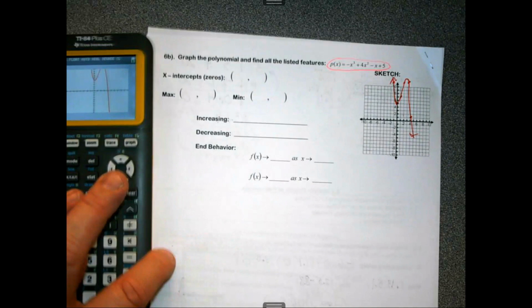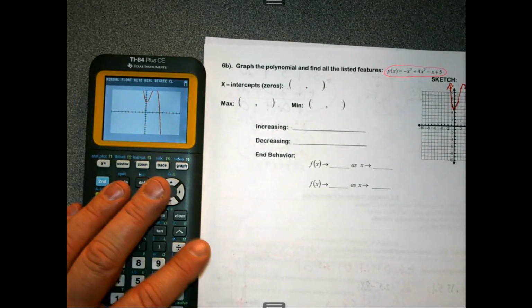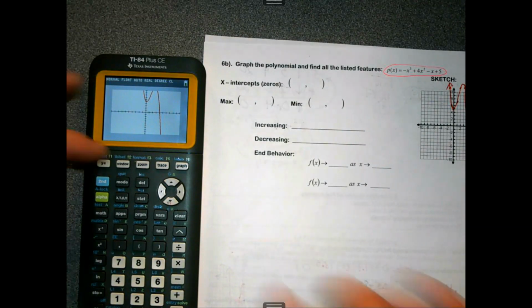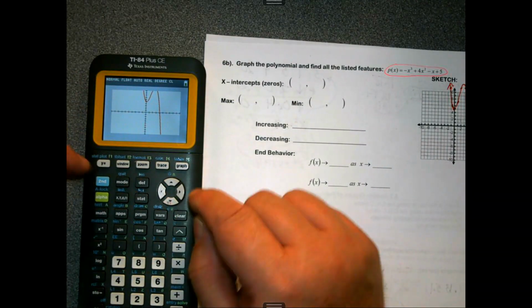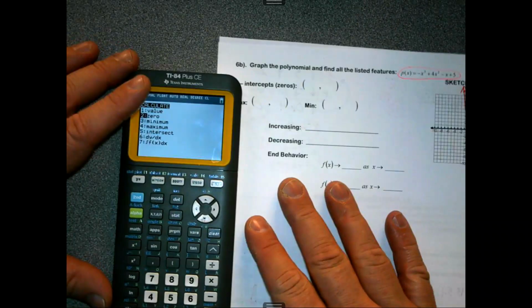All right, let's find our zeros. Now, this is where you can think of it as a video game, right? Think of it as Mario going on the mushroom trip, right? X intercepts. So I gotta go to second trace. Find the zero.